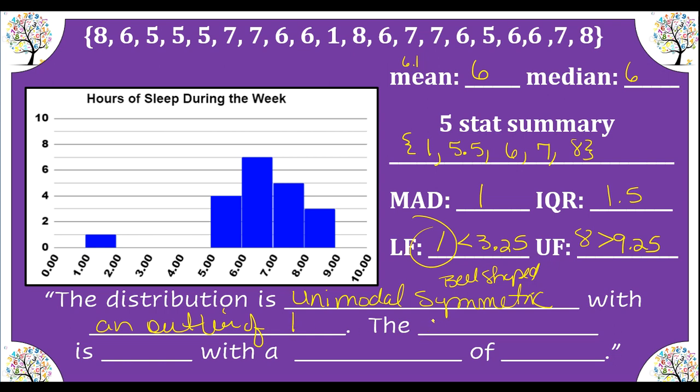Since there's an outlier, I'm going to use the median. The median is 6 with an IQR of 1.5. So if you put unimodal and skewed left, I totally understand because you have this one data value here. So either way is fine with me. Just kind of justify your answer and talk it through.